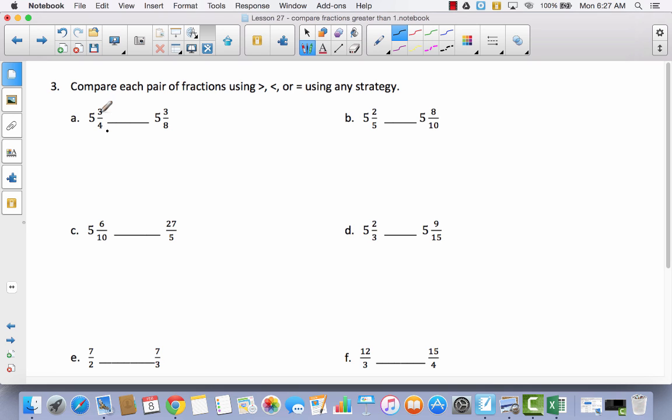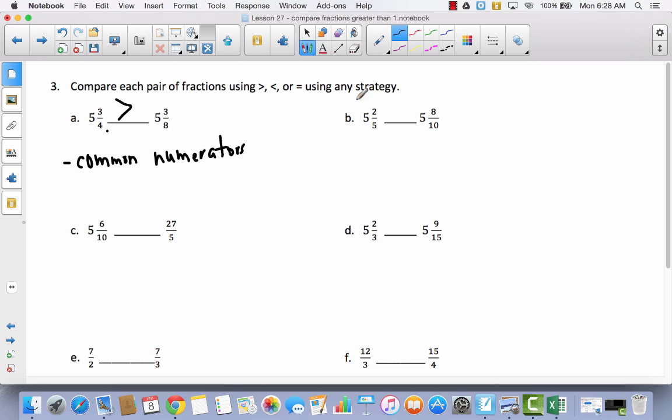So 5 and 3/4 is greater than 5 and 3/8 because eighths are smaller than fourths. So right here, I'm just going to put common numerators to show that I looked at the numerators. That's how I solved this.